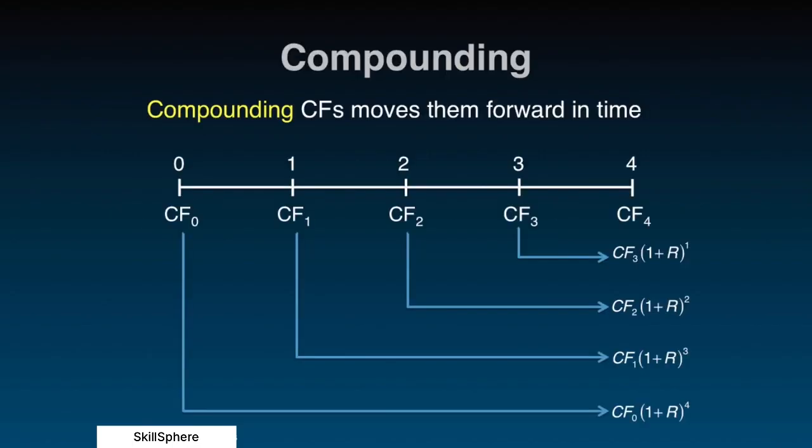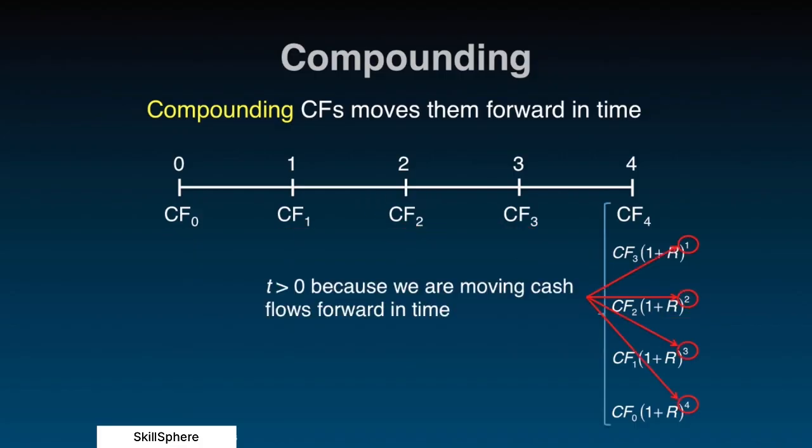So compounding just refers to moving cash flows forward in time. And here's our familiar timeline. What I'm doing is taking each cash flow CF0, 1, 2, and 3, moving them forward to period 4 via compounding. So, focusing on cash flow 2, I move that forward to period 4 by taking cash flow 2, multiplying it by my discount factor raised to the power of 2, because I'm moving it 2 periods forward, and it's positive because I'm moving it forward.